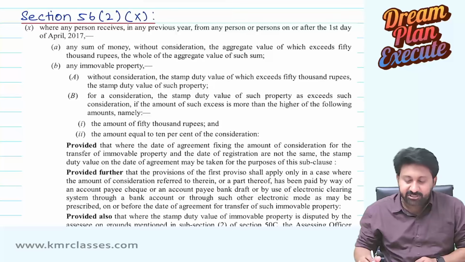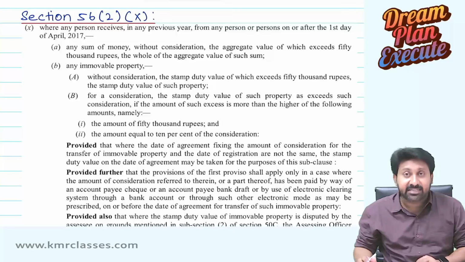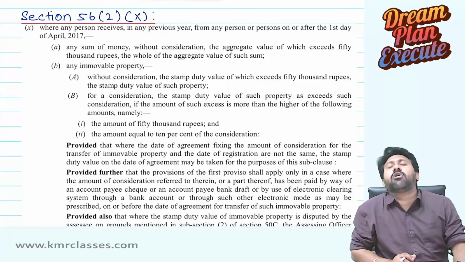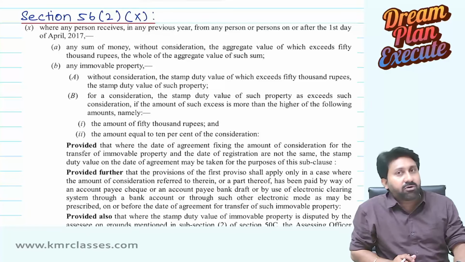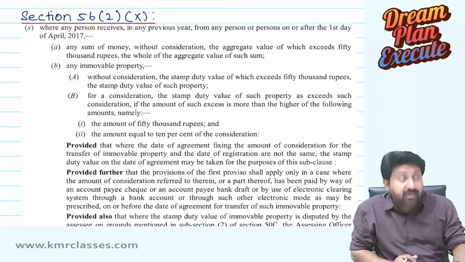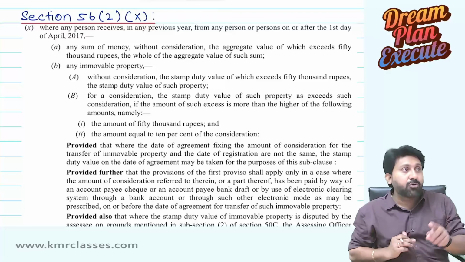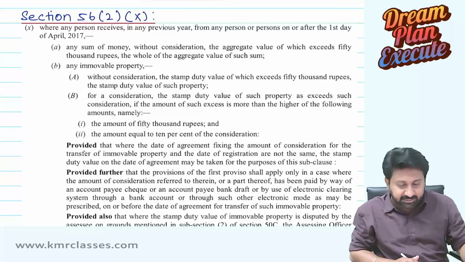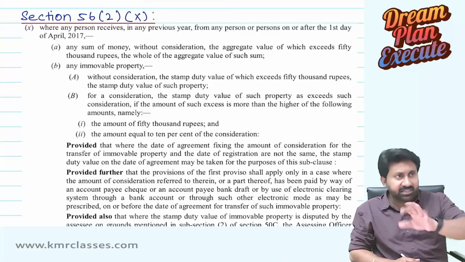For a consideration, the stamp duty value of such property as exceeds such consideration if the amount of such excess is more than the higher of the following amounts, namely the amount of 50,000 rupees or the amount equal to 10% of the consideration. These are the things they have given here.